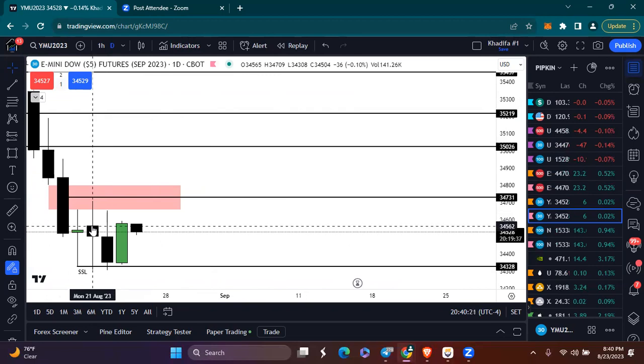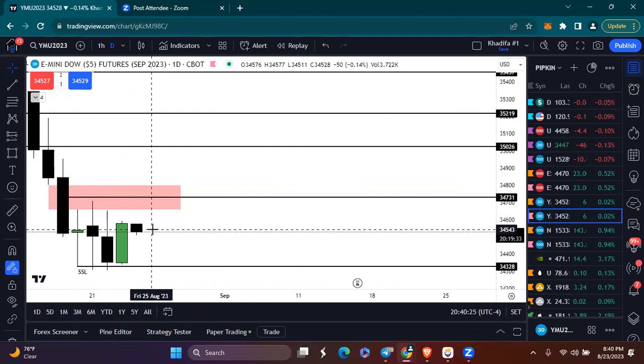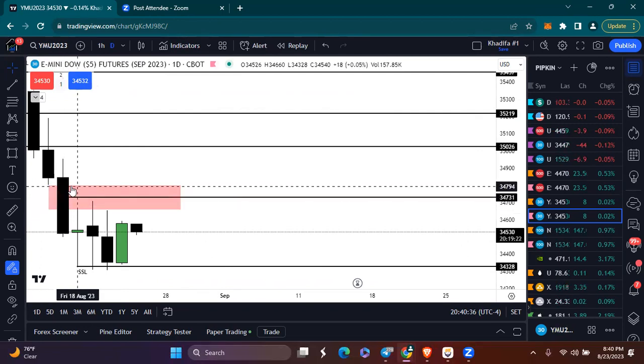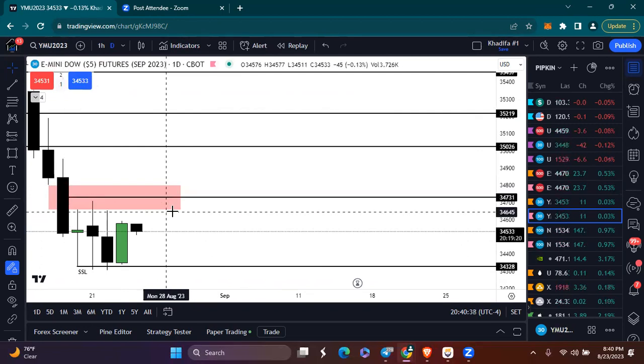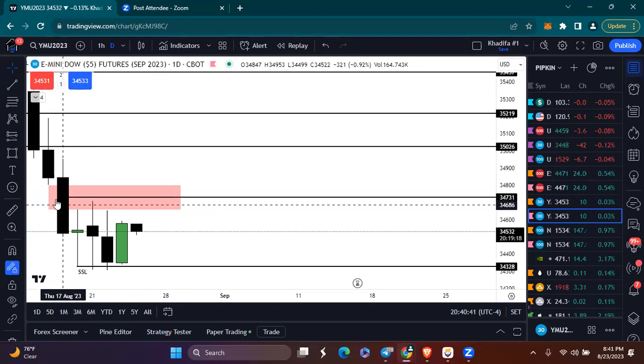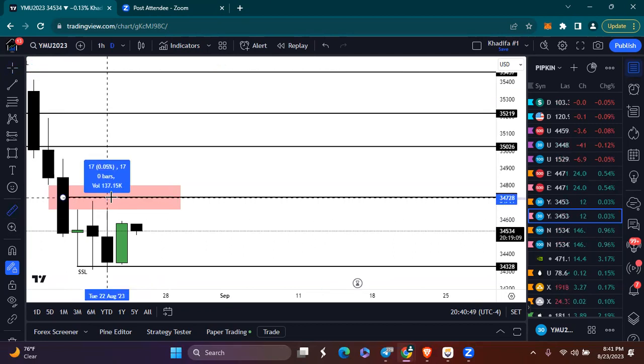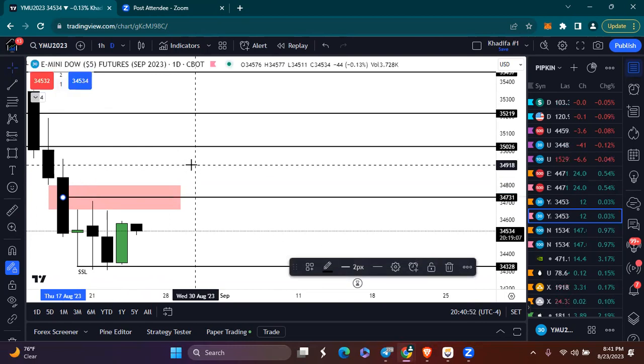Dow was the only future that didn't hit its consequent encroachment as of yet. But I told you guys in the pre-week analysis Sunday that I wanted to see all future pairs reach up and hit the consequent encroachment of last week's daily range, daily fair value gap right here. We came within ticks of it, about 20 ticks.